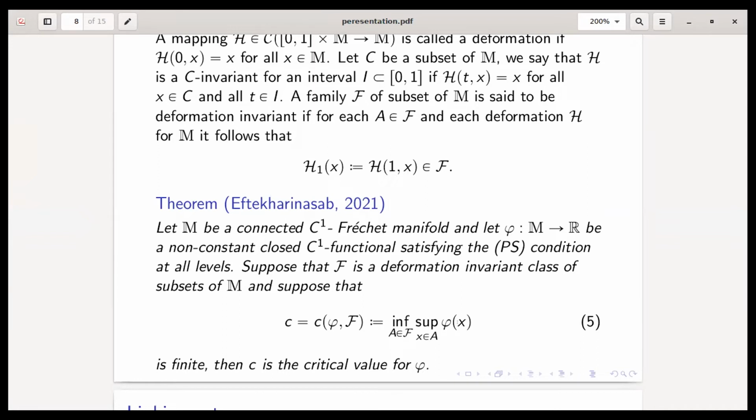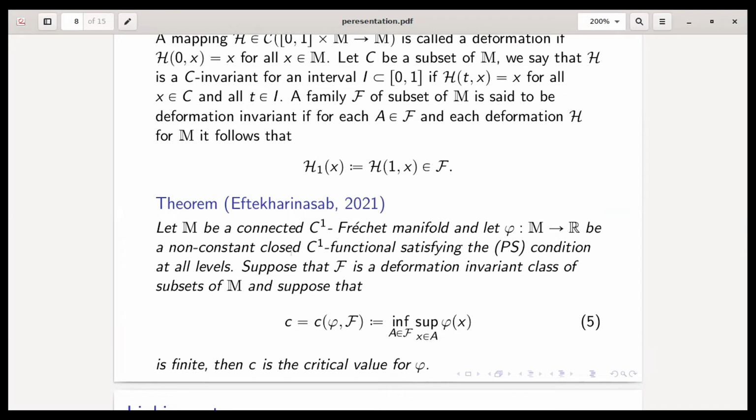In our case here, we generalize it to Frechet manifolds, but here we have a somewhat restrictive assumption: we suppose that our functionals must be closed.